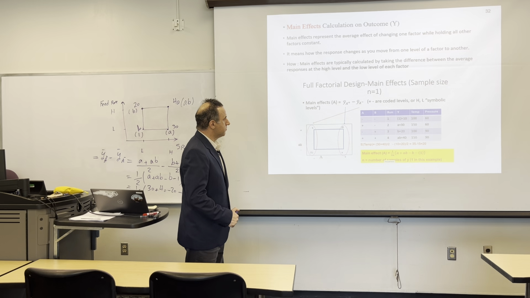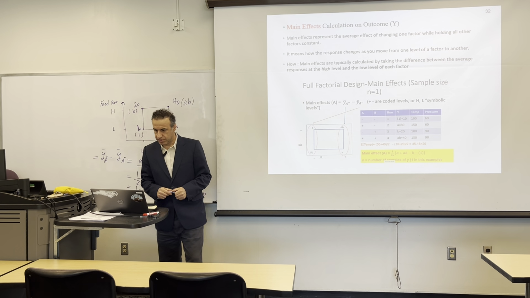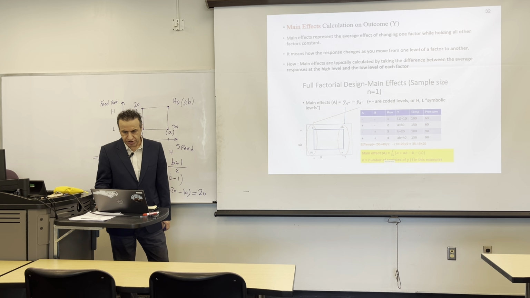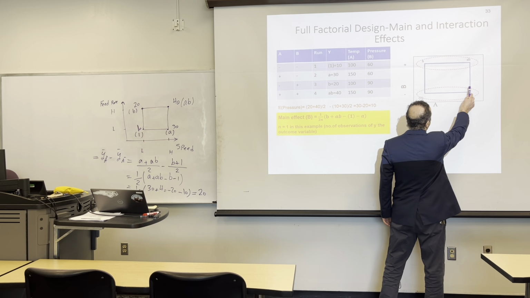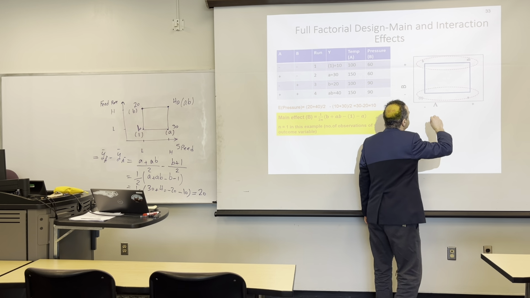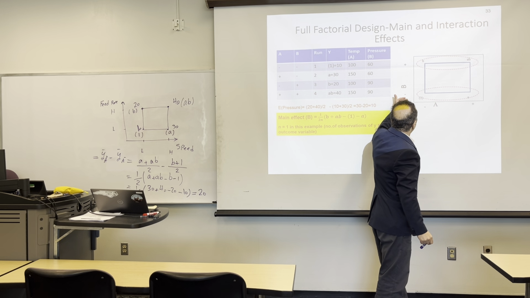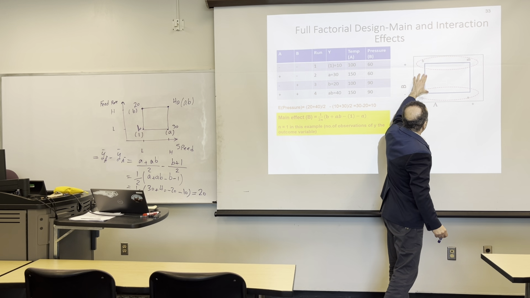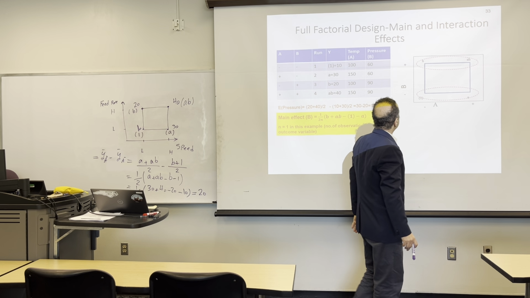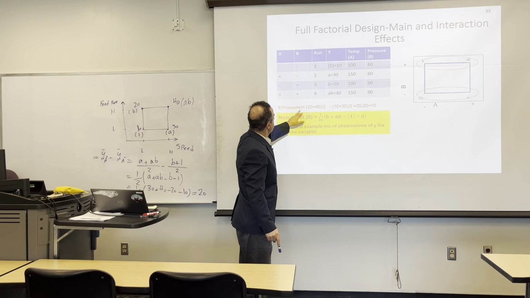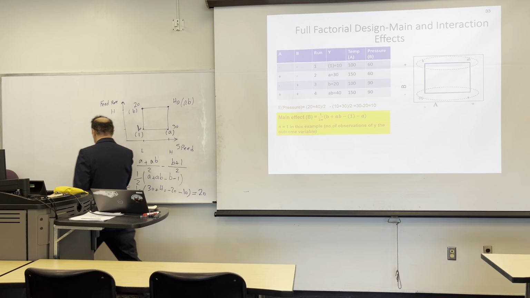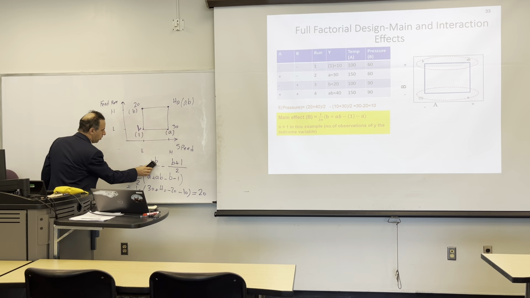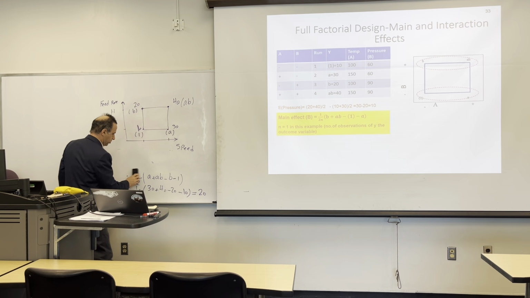And next, we find the effect of pressure. The pressure is going to be horizontal. So you take the average of this one, you take the average of the other one. This means when you increase the pressure from here to here, you will get this change, right? Let me show you how you got that equation.